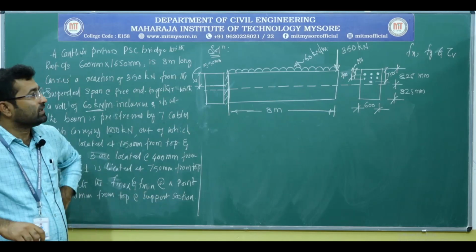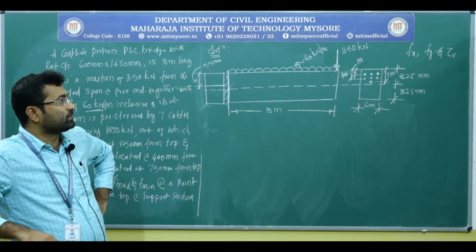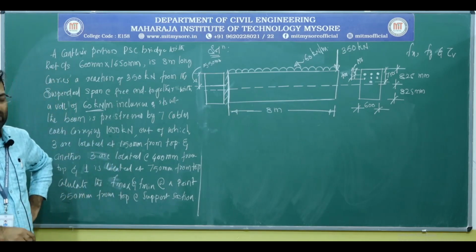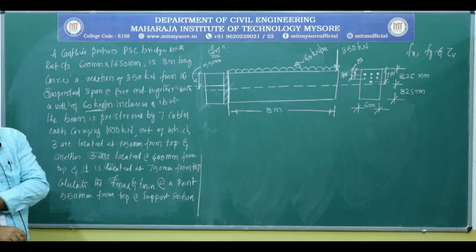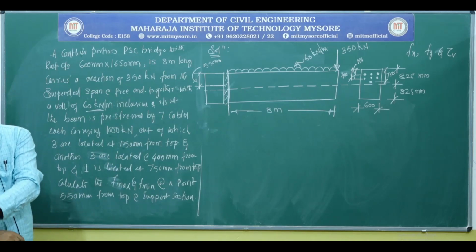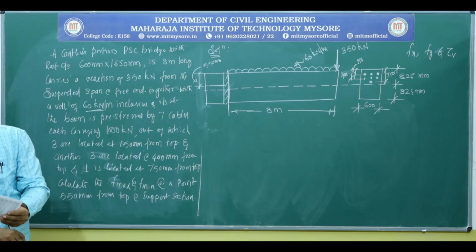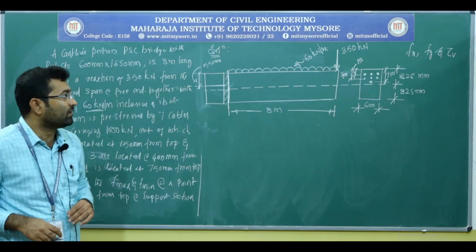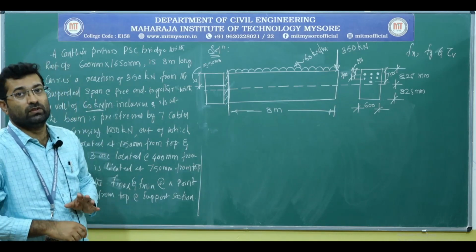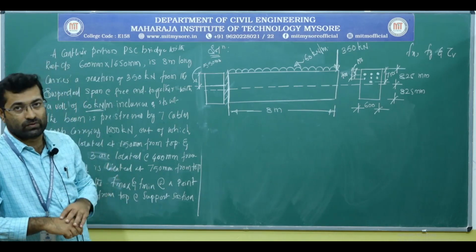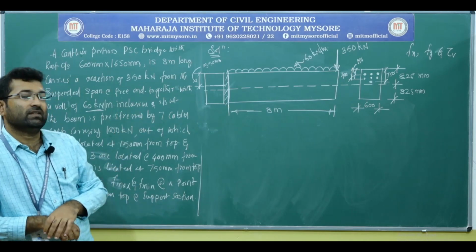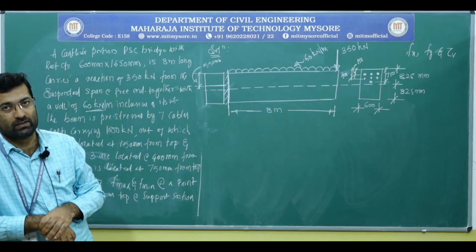The second one, F of y, is the vertical pre-stressing. Is there any vertical pre-stressing in the given problem? There is no vertical pre-stressing, so F of y will be 0. And what is tau v? Tau v is the shear stress due to the shear force.